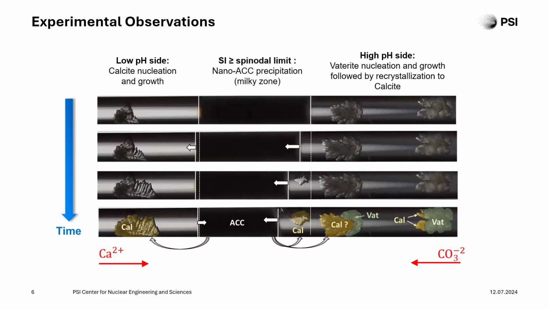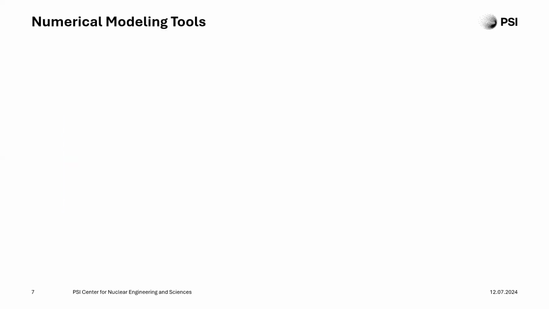We even observe such sudden formation of nano amorphous calcium carbonate precipitation in the middle. Obviously, it's a really complicated process that experimentalists may only have limited information to explain. So that's why we need our modeling to help them.